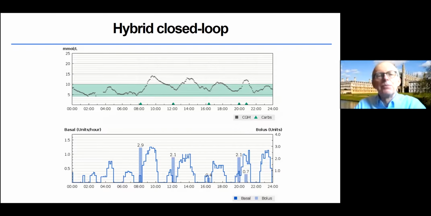So this is a real one day on a closed loop system, an artificial pancreas, on the CAM-APS-FX system. What you can see on the top panel is the glucose concentrations every 5 minutes as obtained from the Dexcom G6 CGM transmitter.